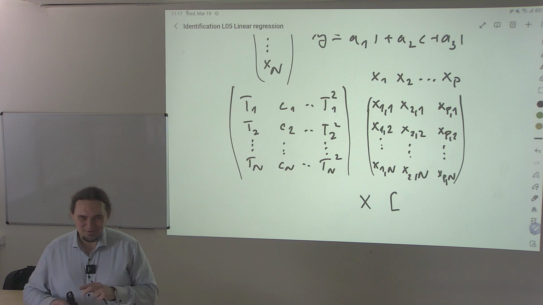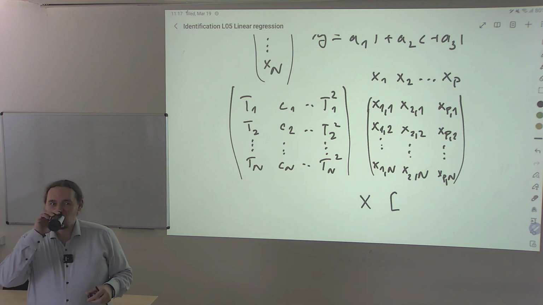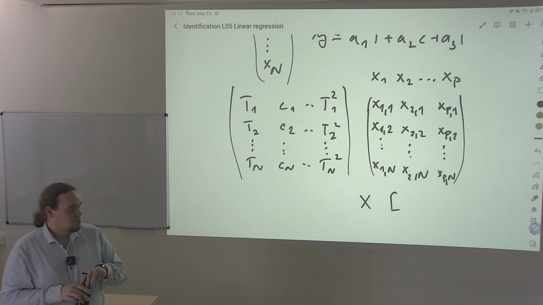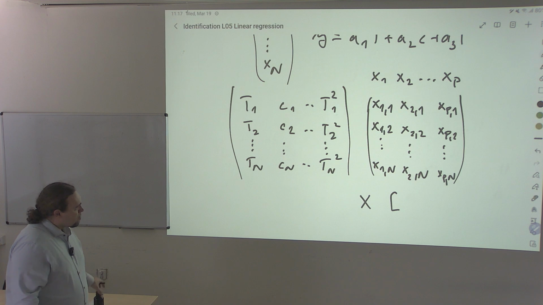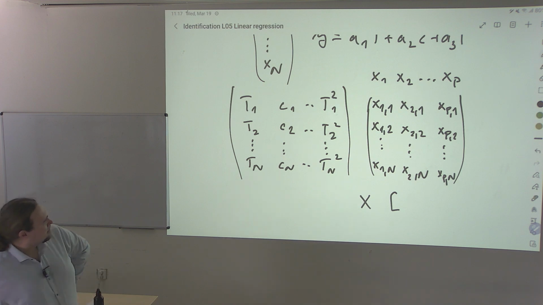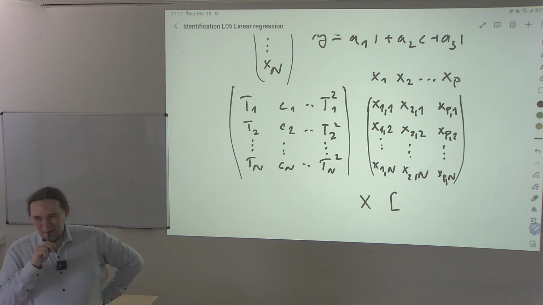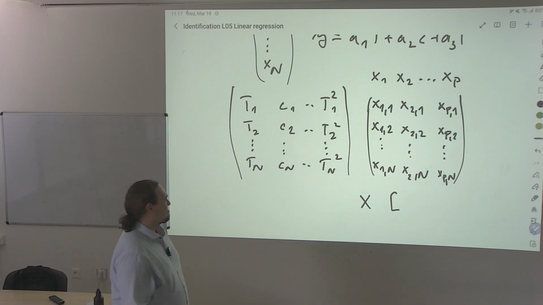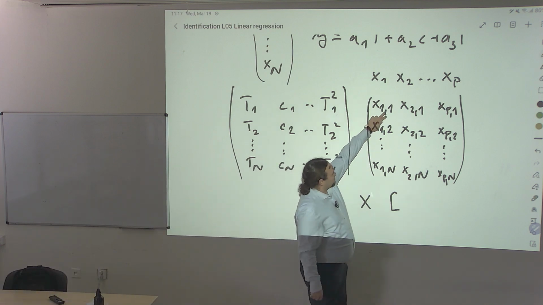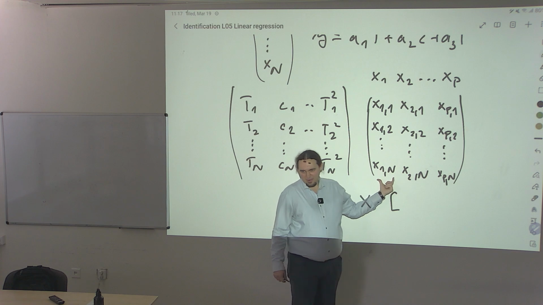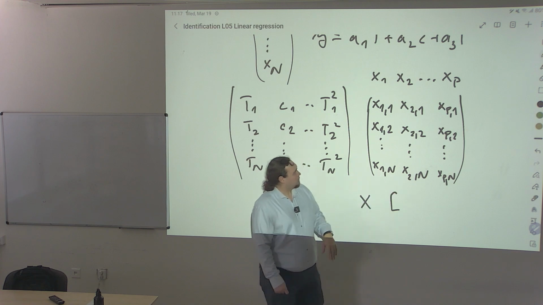Number of rows, number of columns. P times n. Almost. N times P. First row, second row. Am I writing it in a wrong order, like you are used to? Okay.